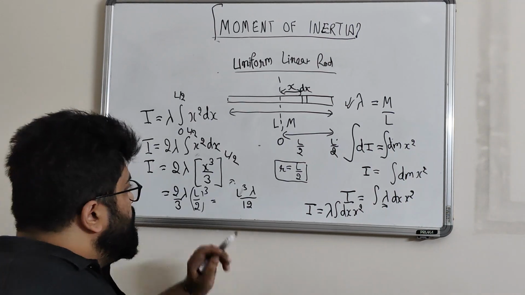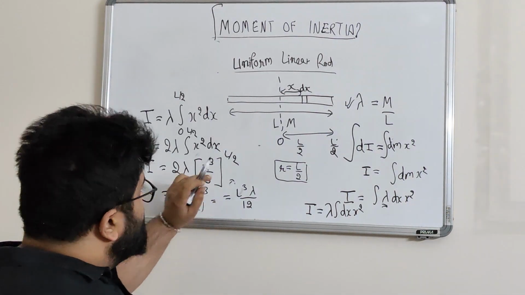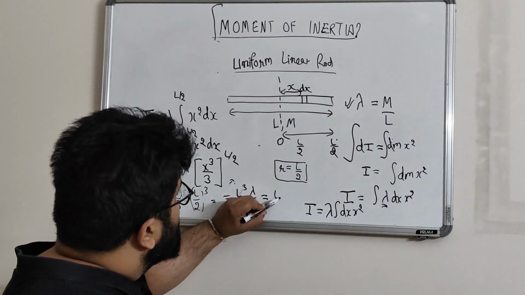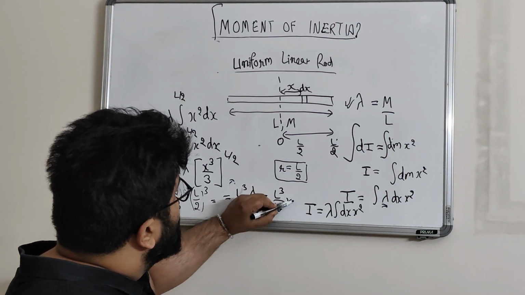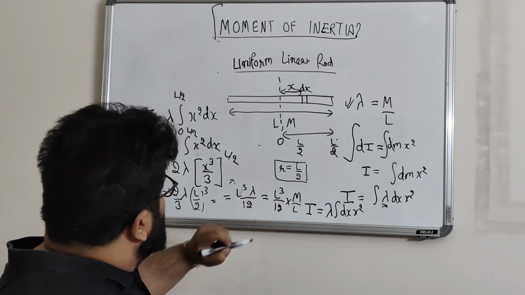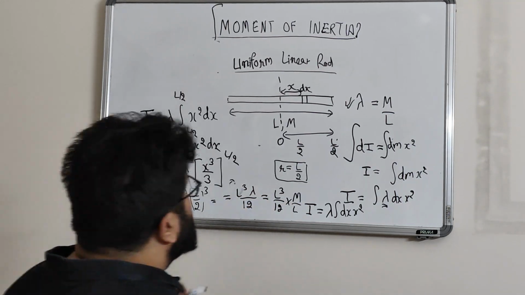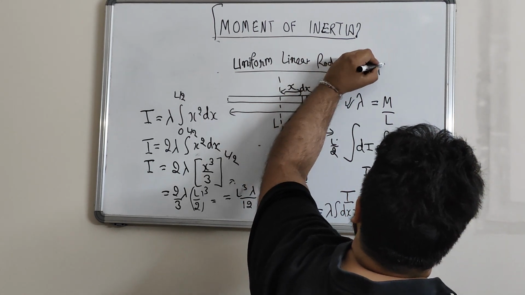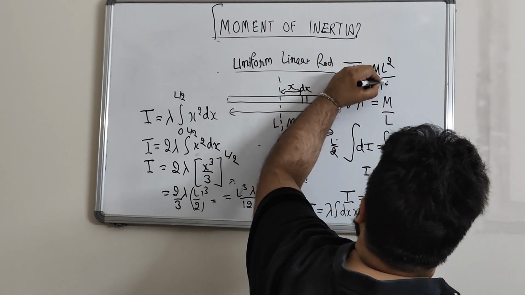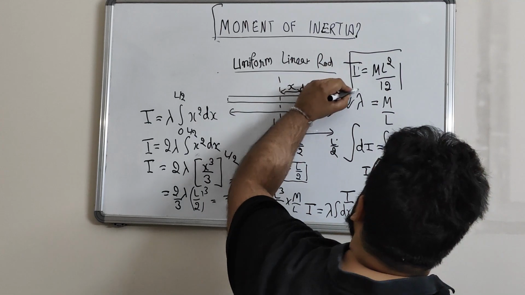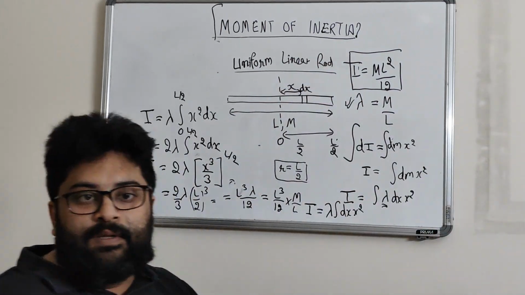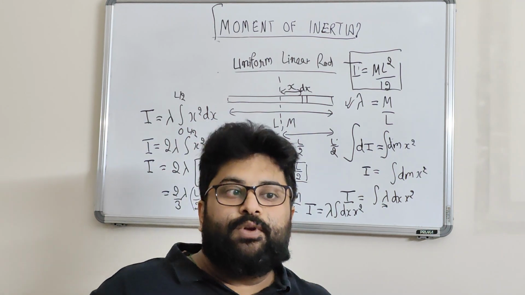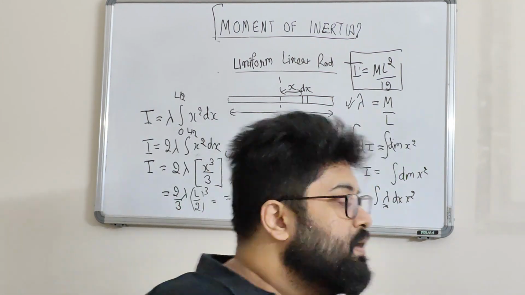Yes, but if you remember, lambda was m by L, so we input that L cube by 12 into m by L. The final value for the moment of inertia for this body is ml square by 12. Okay, so that's how we get the derivation of the moment of inertia for a uniform linear rod, right?